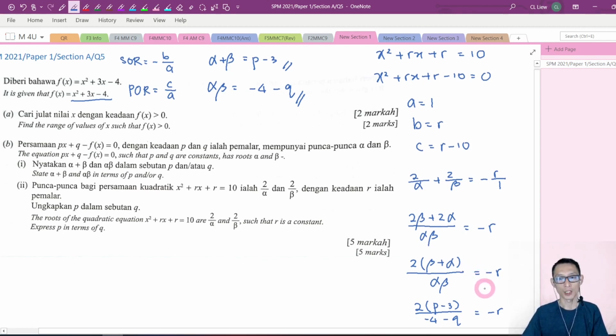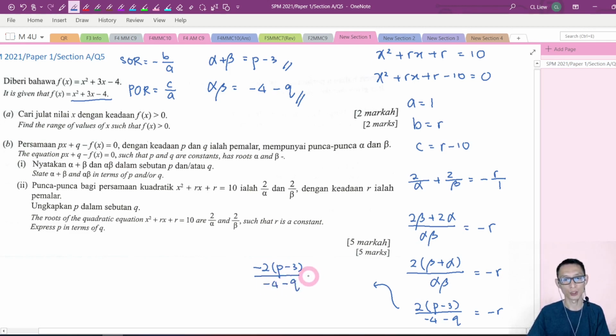Okay, so I try to multiply both sides by negative 1 so that we will be able to get rid of this negative. So it will be negative 2 times (p minus 3) over (negative 4 minus q). And this will become positive r. Okay, I just stop here first. Let this be the first equation.